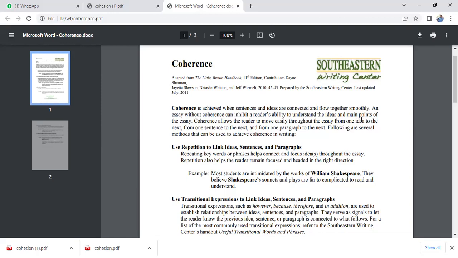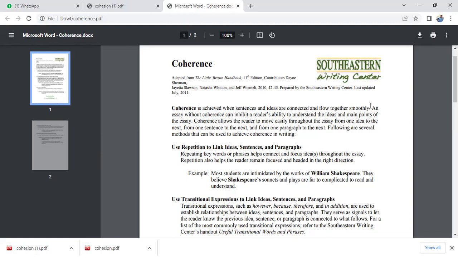If you write the paragraph in disordered or disorganized form, how will the reader, the audience, understand what the idea is about, what the main topic is about, what the subject is about? The reader will get confused. So in order to flow the idea smoothly, in order to bring connection in your ideas, you need to bring coherence in your writing.